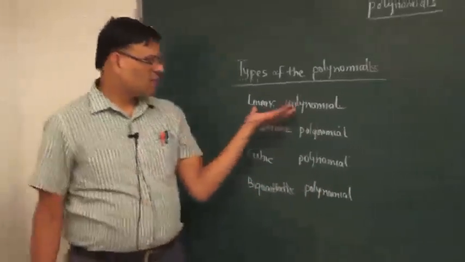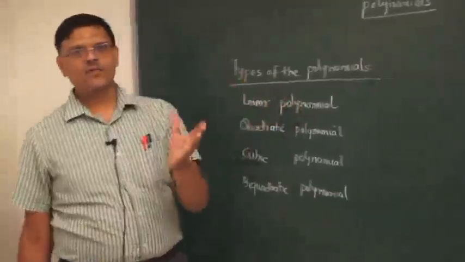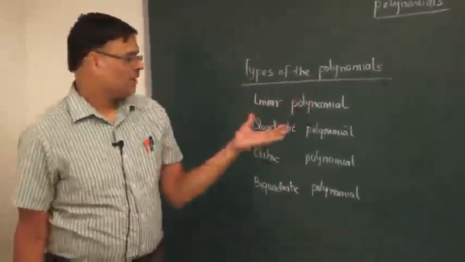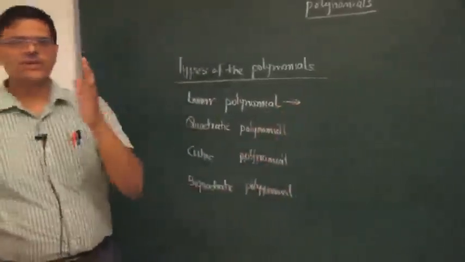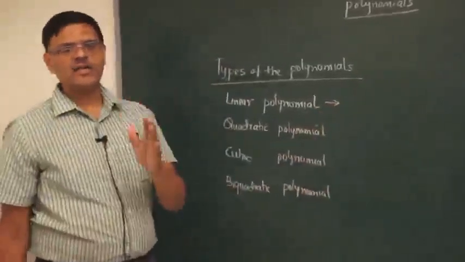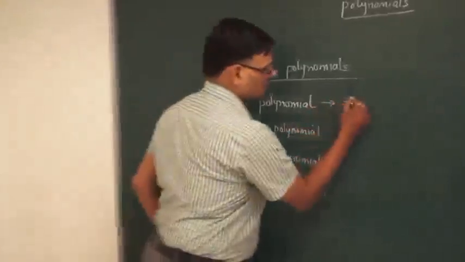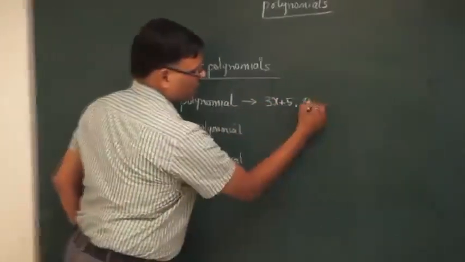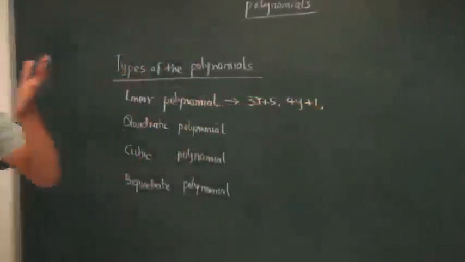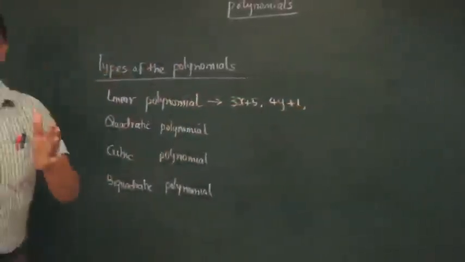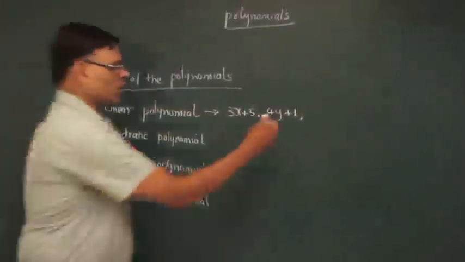So let us know what is the meaning of linear polynomial. Linear is nothing but a polynomial whose highest degree is 1. Example: 3x plus 5, 4y plus 1. These are all called linear polynomials. Linear means highest degree is 1.